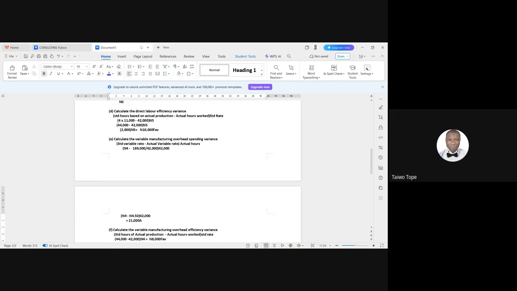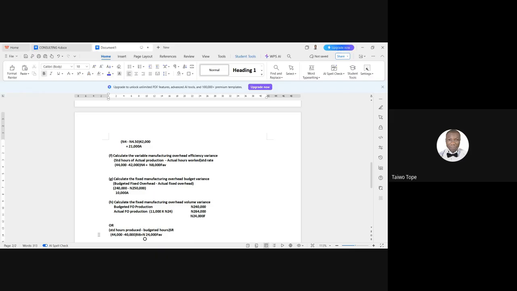Yes, the fixed overhead absorption rate, based on the formula we gave at the beginning of this class. What is the formula to determine your fixed overhead absorption rate? In terms of hours now, we're working based on hours.